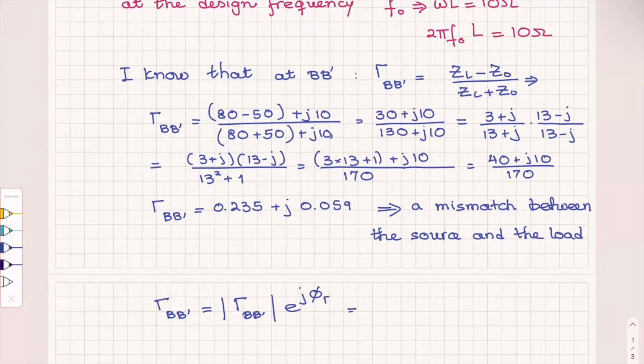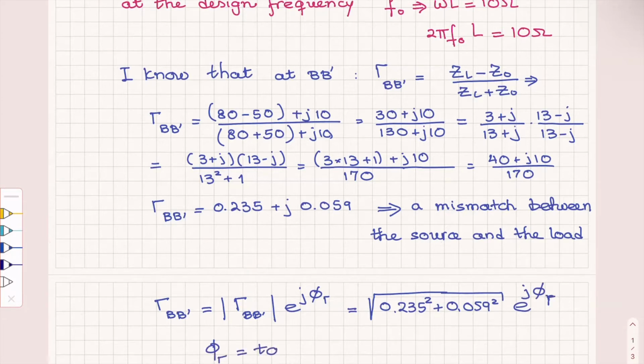And the magnitude from here, I remind you of things that you should have seen before, is the square root of 0.235 squared plus 0.059 squared. And then it has a phase, where the phase is the inverse tangent of 0.059 divided by 0.235.